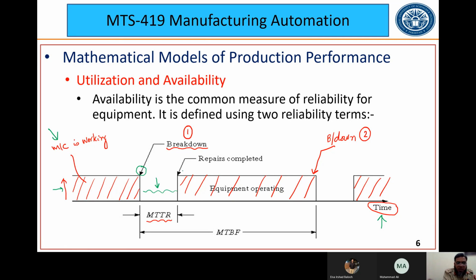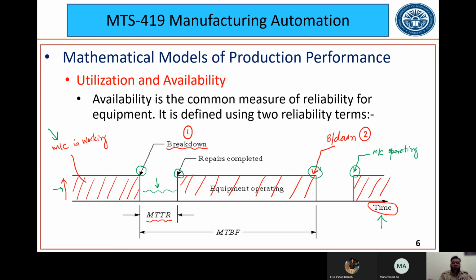After the first breakdown, as the repair is completed, the equipment starts operating again. Then at this point is breakdown number 2, and then the machine is again repaired and starts operating.